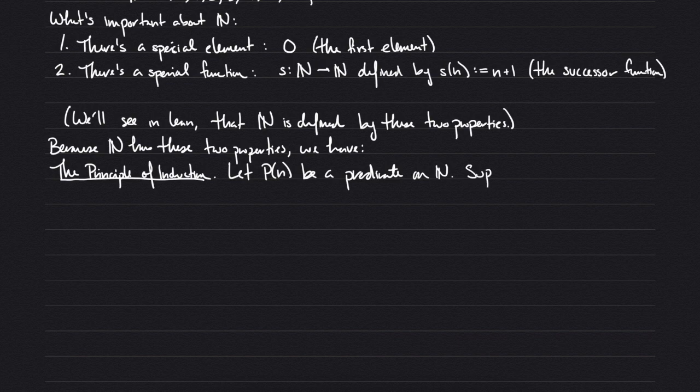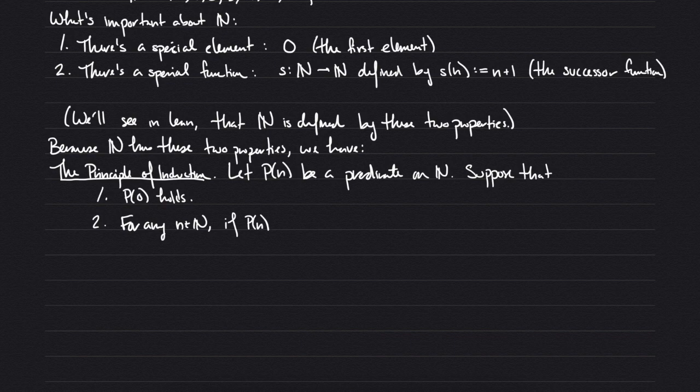So if we have the following two things: if P of 0 holds, and if for any n in N, if P of n holds, then P of the successor of n holds.